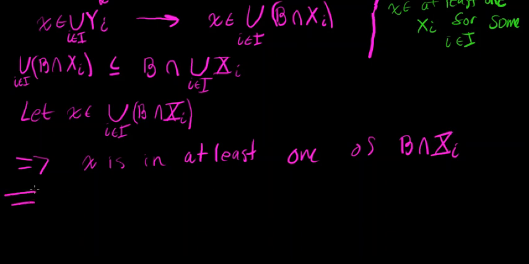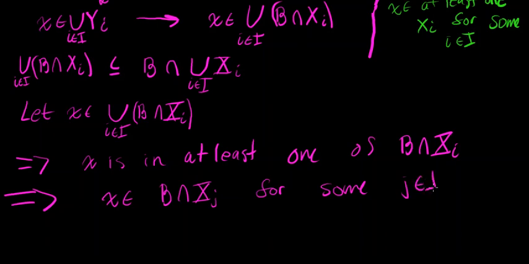And that implies that for some j, we don't know which j it is, but we know that for some j in I, x is in B intersect x sub j.